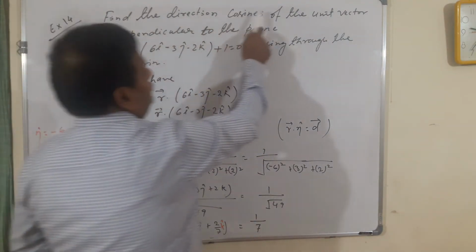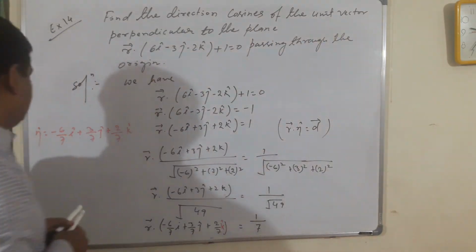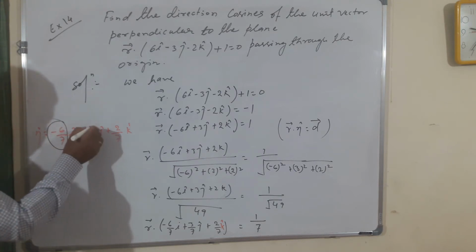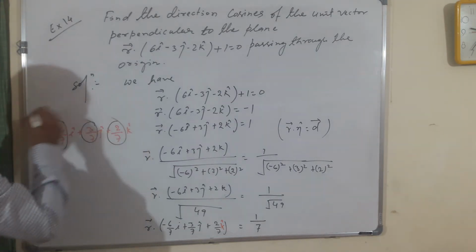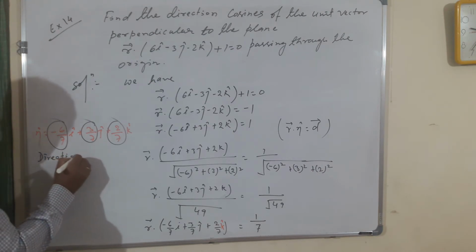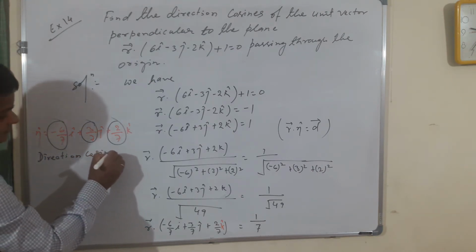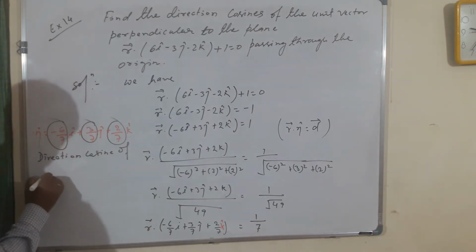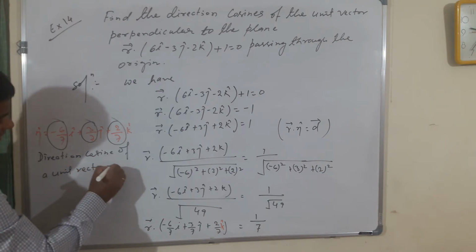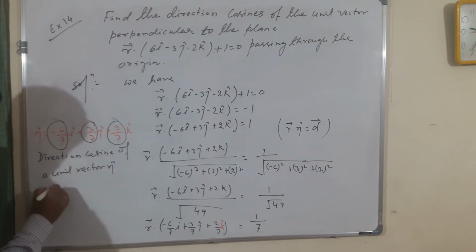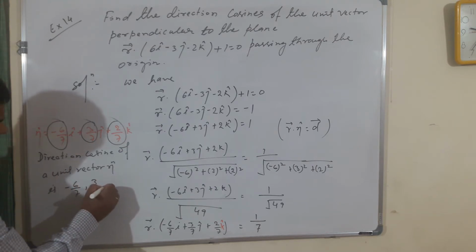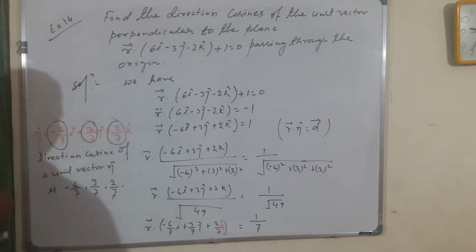Find the direction cosine of the unit vector. So the direction cosine of unit vector n is minus 6 by 7, 3 by 7, 2 by 7.